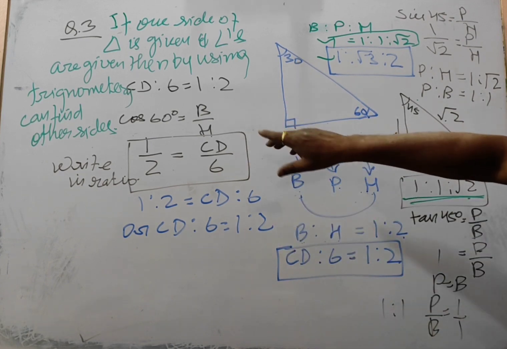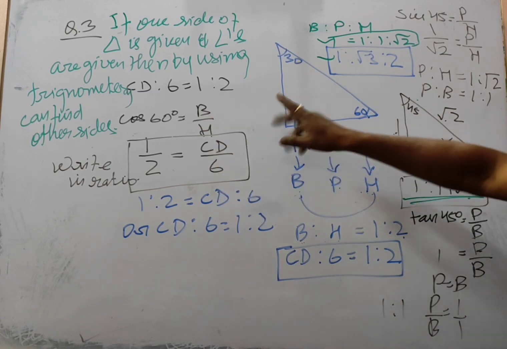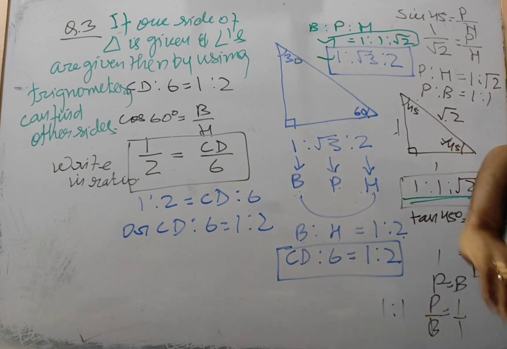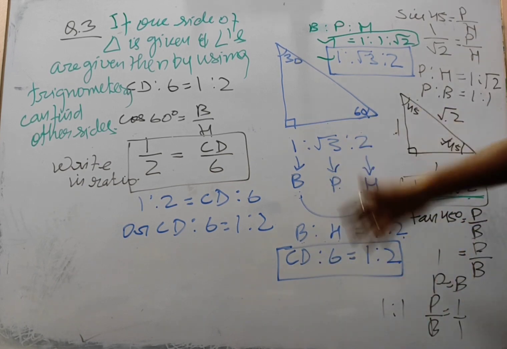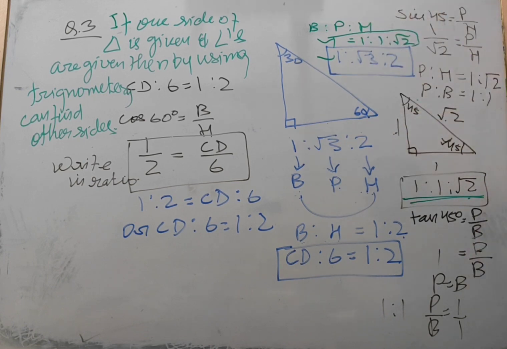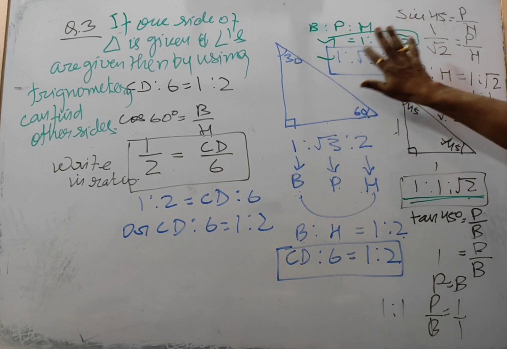Trigonometry is sine theta, cos theta, tan 60 degree, sine 45 degrees. Standard angle values are there, but you have to learn this as per your syllabus.